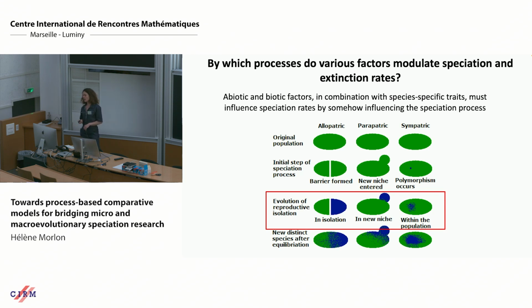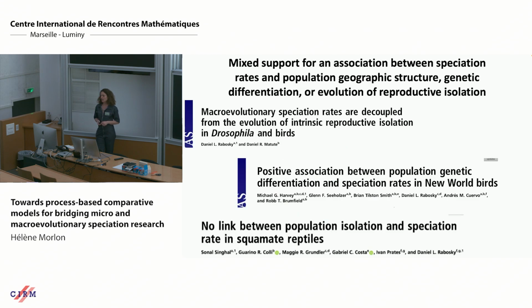However, when people in macroevolution started to test the relationship between the rate at which reproductive isolation evolves and the rates of speciation that we can measure with the comparative approaches that I showed you, there has been mixed support or lack of support for an association between speciation rates and these processes that we focus on when we think about speciation at the macro scale: the evolution of geographic structure, genetic differentiation, or the evolution of reproductive isolation.